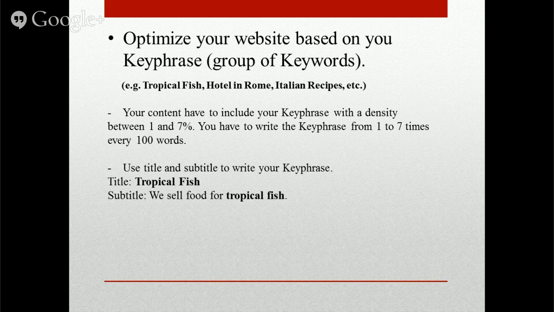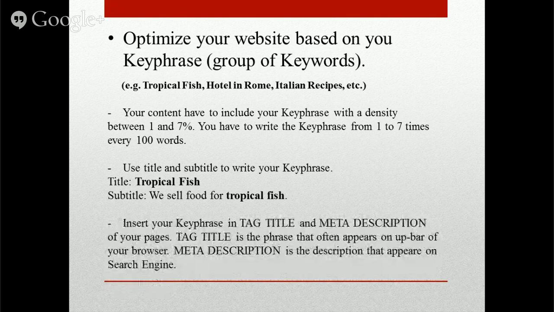But if I want to improve the key phrase tropical fish, I should repeat it in another sentence, like in the subtitle: we sell food for tropical fish. So tropical fish is a key phrase for me. Are you following me? Are you understanding? Yes. Okay.